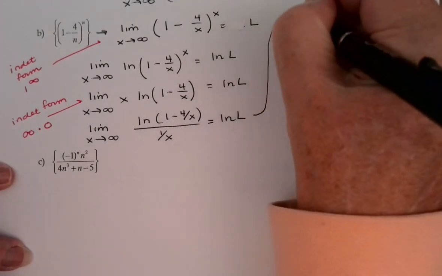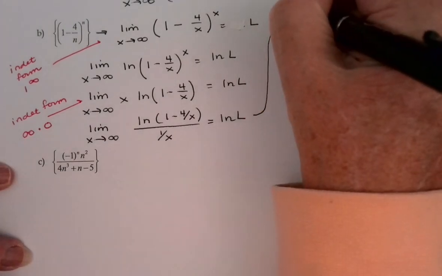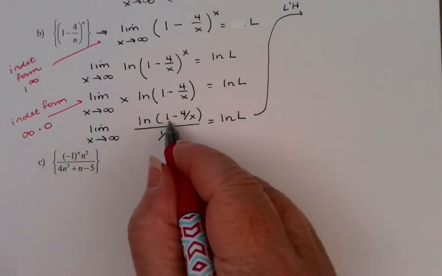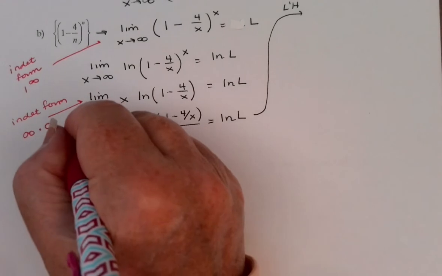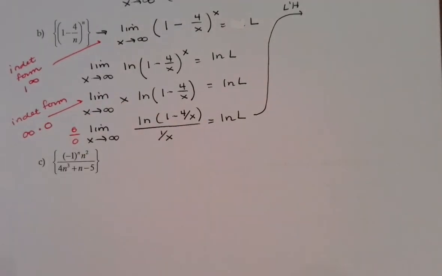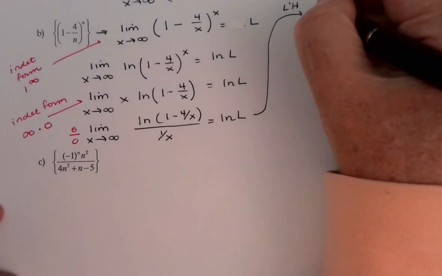And now I can do L'Hopital's rule, because right now I've got the natural log of 1, which would be 0, over 1 over infinity, which is also 0, and 0 over 0 is a L'Hopital's rule form. So here we go. L'Hopital's rule, we do the derivatives, top and bottom.